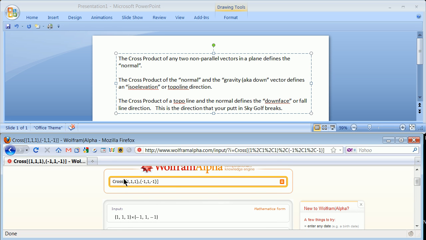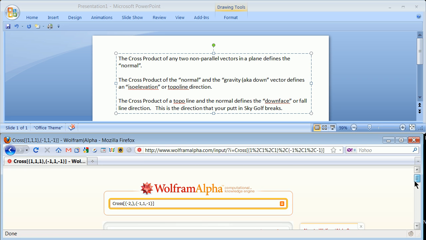So you can now go here and change this right away: -2, 0, 2. And then you're going to multiply that by the gravity vector, which is 0, 0, and -1. That's pretty much the direction of the gravity vector.